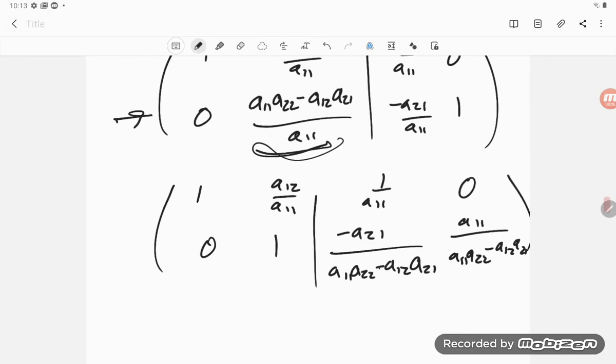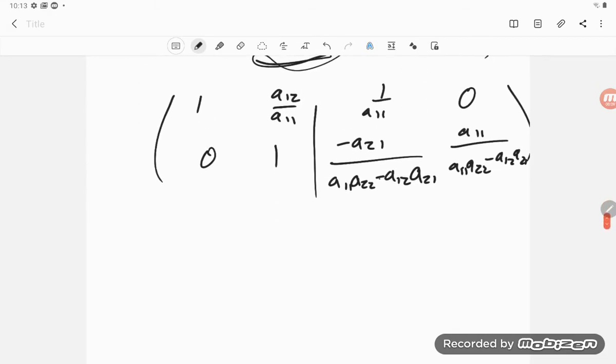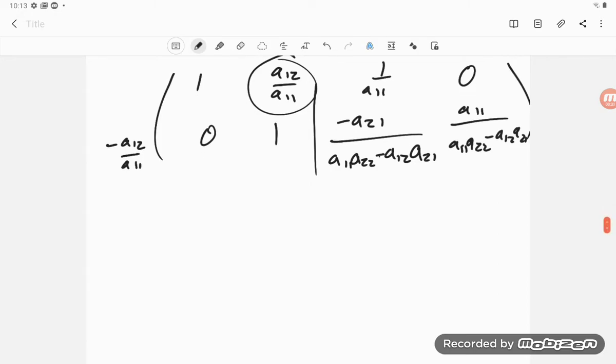Running out of room. Now I just need to zero out that piece by multiplying the bottom here by minus a12 over a11 and adding. I will end up with 1, 0, 0, 1.